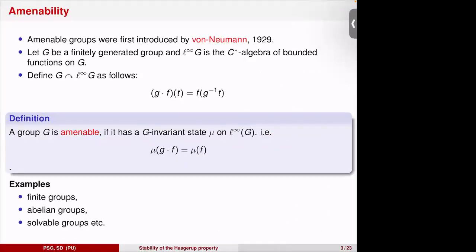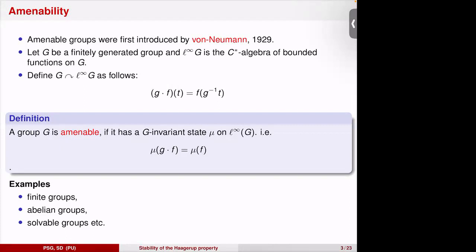So what is an amenable group? Amenability was first introduced by von Neumann while he was studying the Banach-Tarski paradox in 1929. Whenever I say a group in the slides, I always assume that G is a finitely generated group.